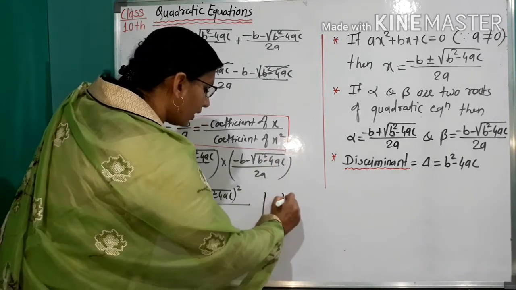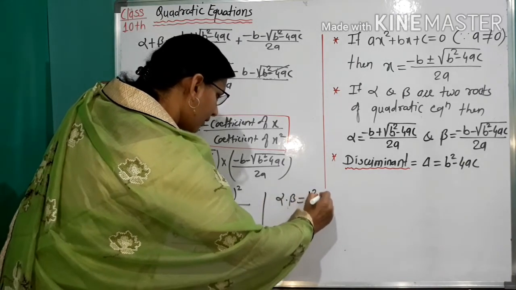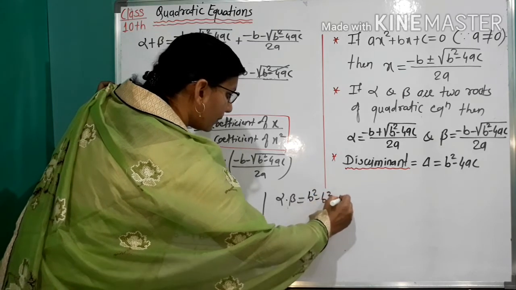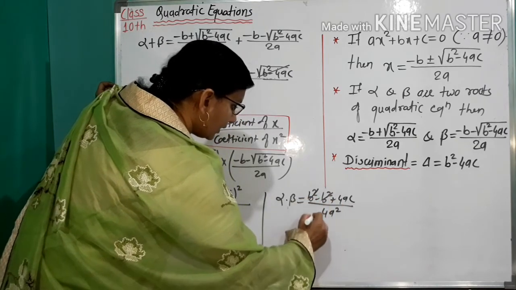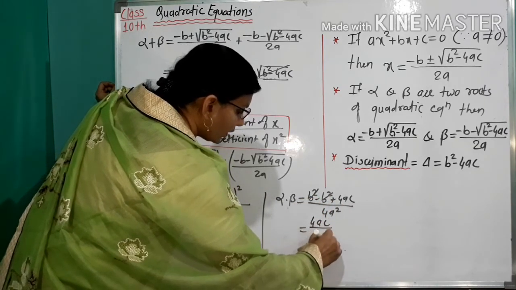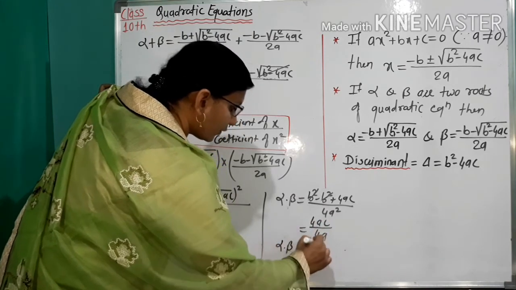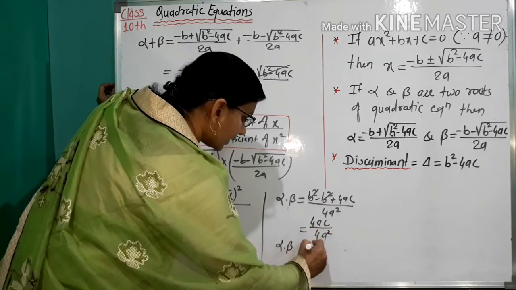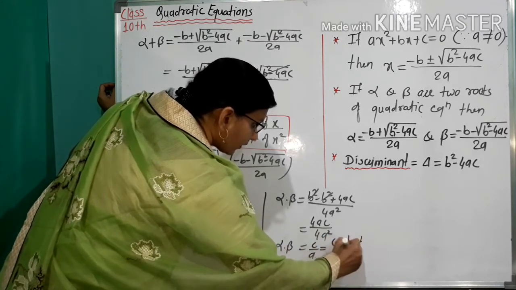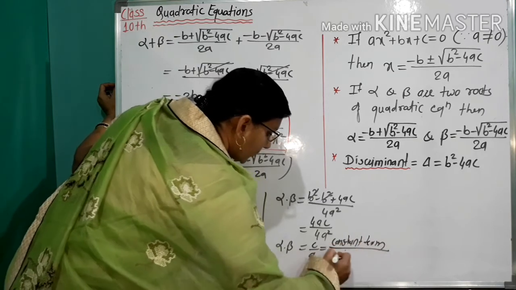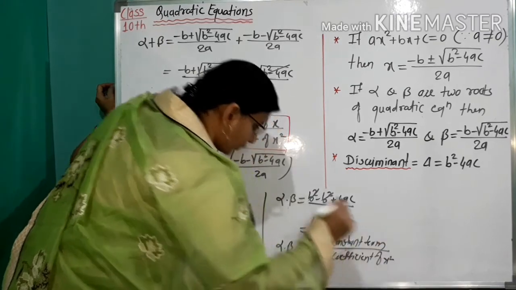I solve here alpha into beta equal to b square minus b square plus 4ac upon 4a square. These two get cancelled, that is 4ac upon 4a square. 4 get cancelled and 1a get cancelled, that is c upon a, that is constant term divided by coefficient of x square.